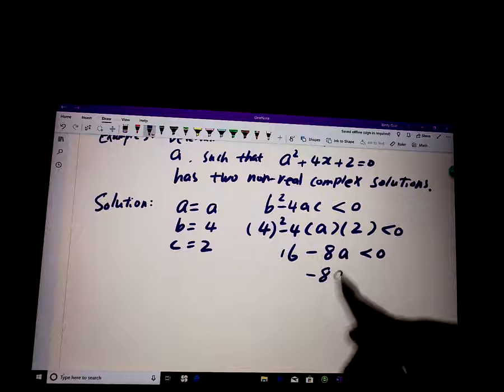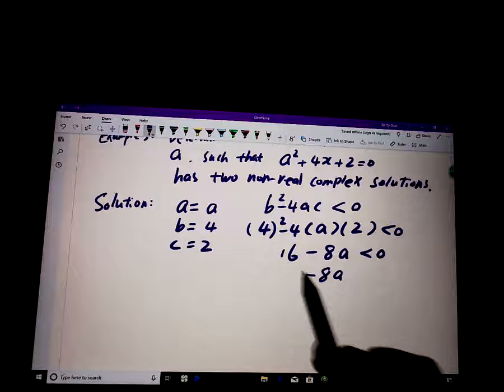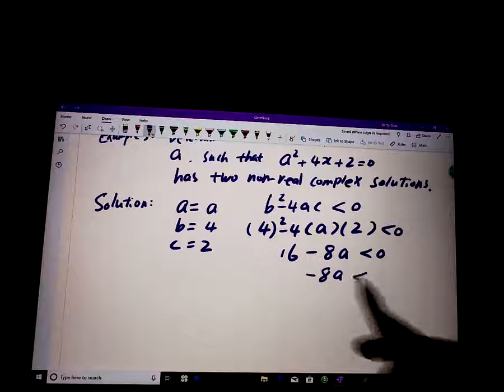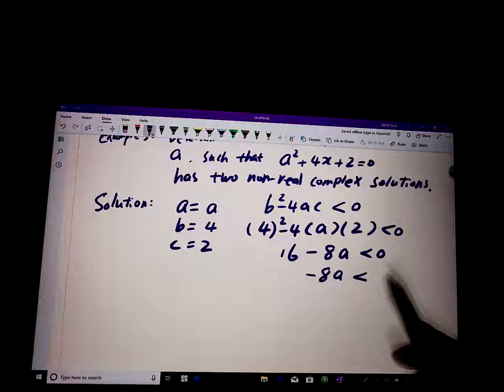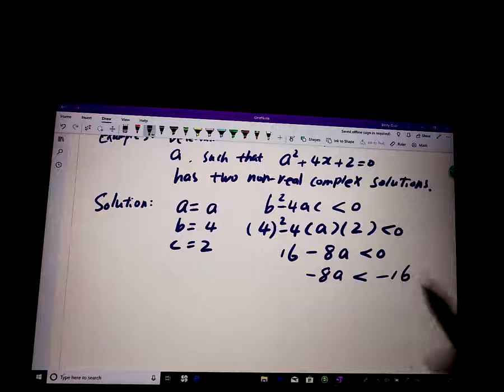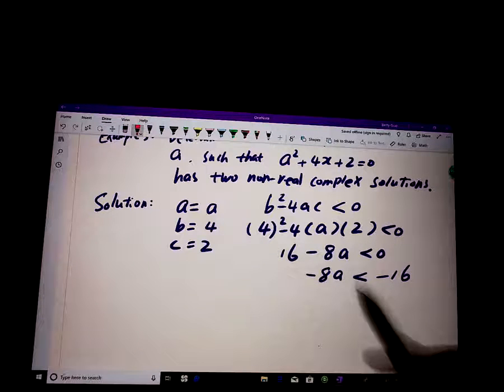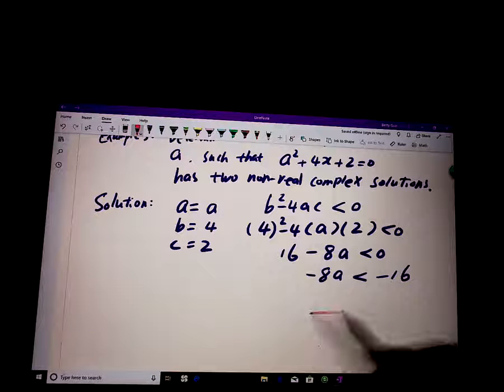You can always apply my transposition of terms. Move it over, and you have negative 16. Then I want to isolate A on the left-hand side, so I divide both sides by negative 8.